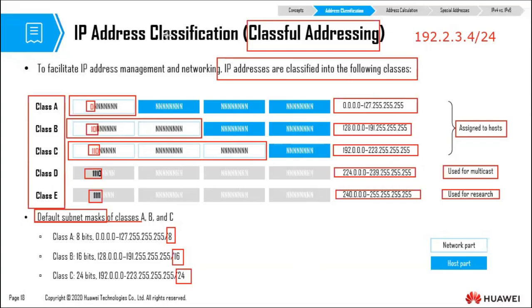So with that, you can calculate the number of hosts you can get from a class A IP address. How to do that? 2 raised to power what? For class A, 2 raised to power 24. Is that clear? Class A hosts, 2 raised to power 24, right? Where did 24 come from?